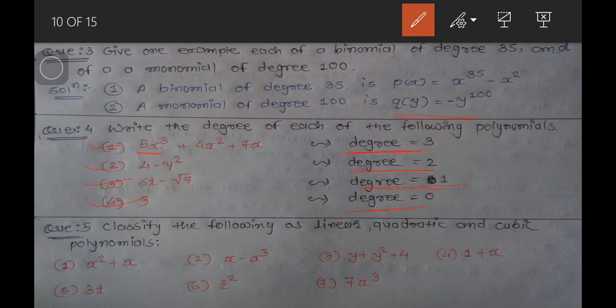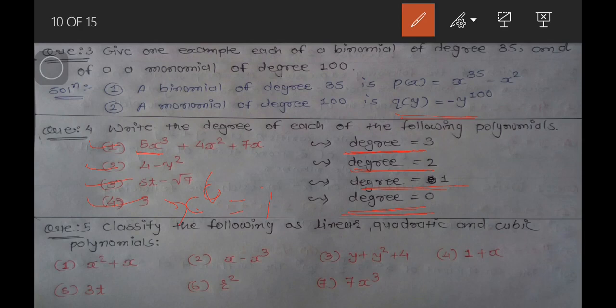We know that if there is not any variable given, then we can assume that x or any variable has power 0, then it is equal to 1. So the highest power of this polynomial is 0. Then the degree of polynomial is 0.